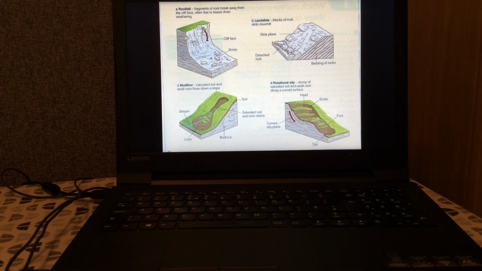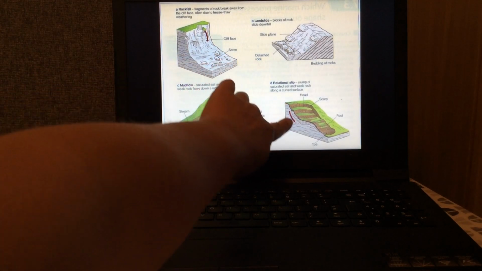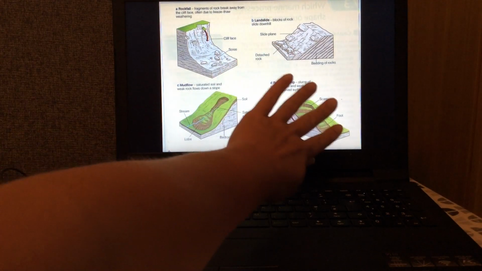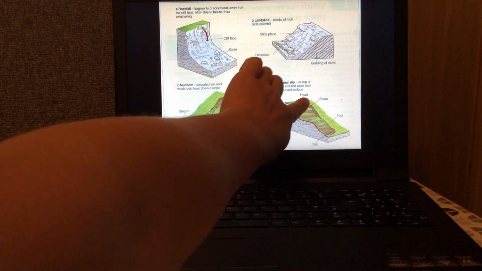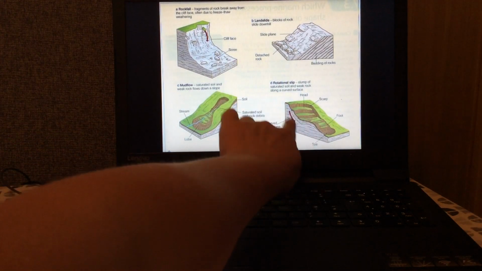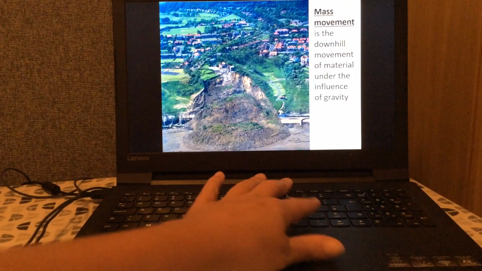This is where the land actually slips on a curve. See this curve here on the diagram? It doesn't just slide straight; the head of the land slips down more than the foot of it, and you end up with a terraced effect, a bit like you've got here.